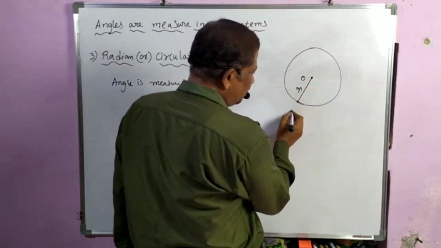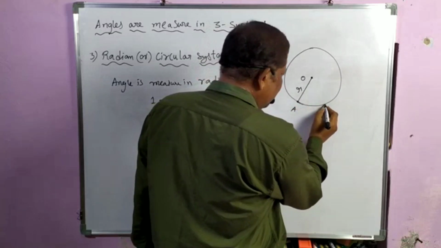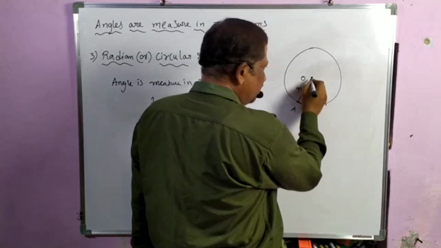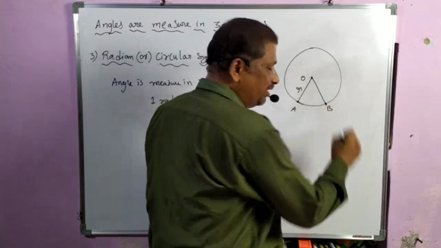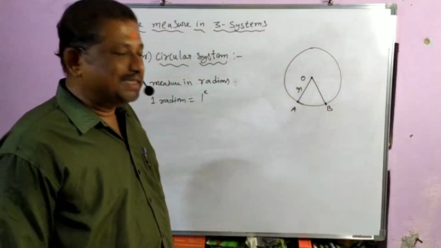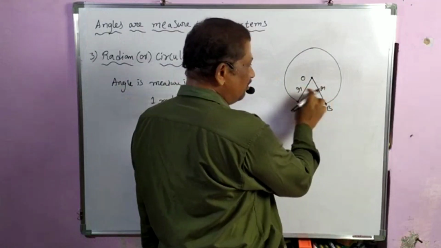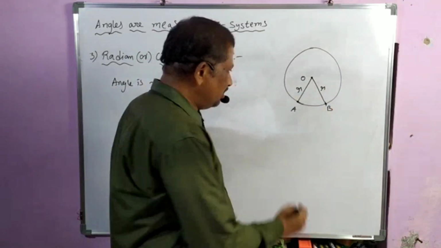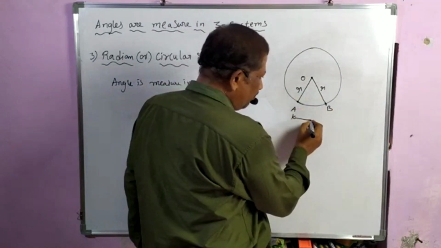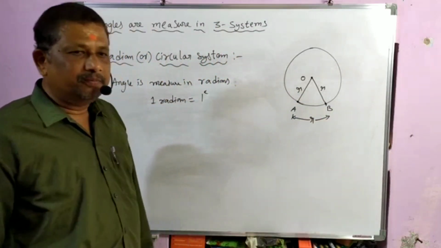Next, you have to take arc AB such that its length is equal to the radius of the circle. Both radii are equal. So here radius, here radius. This is the arc length, which must be equal to the radius of the circle.